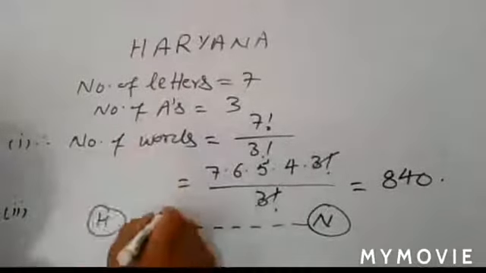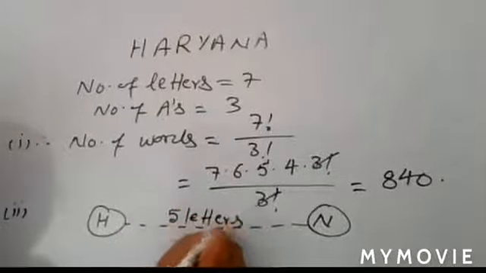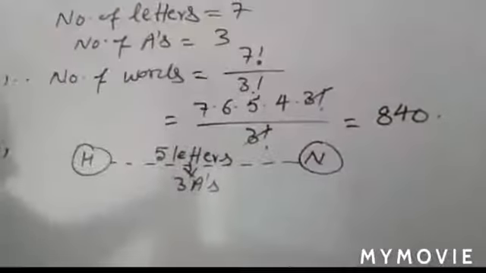So you have only the remaining 5 letters in between them, but these 5 letters contain 3 A's also. Getting my point? You have only 5 letters, in which only 3 A's are there.